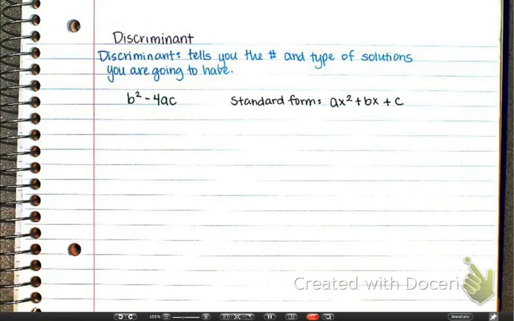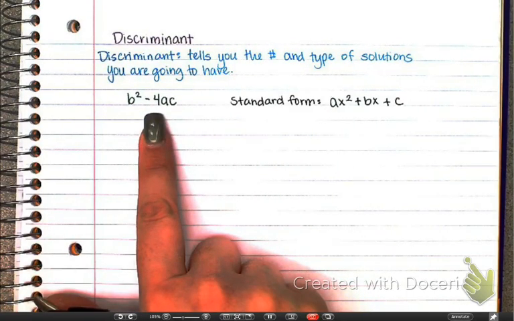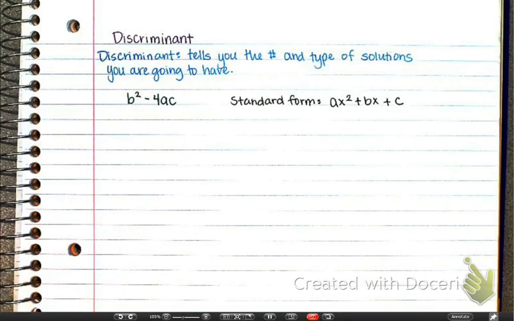If it is not in this form where everything's together, you cannot identify a, b, and c, so you won't be able to find the discriminant. So it's important that you write everything in standard form first, okay?